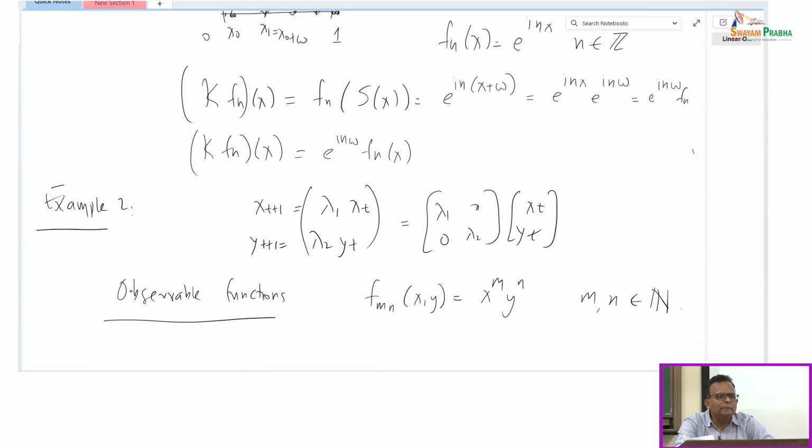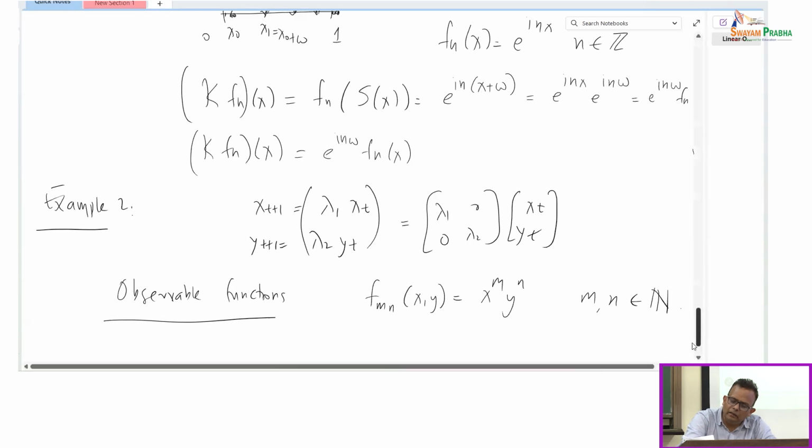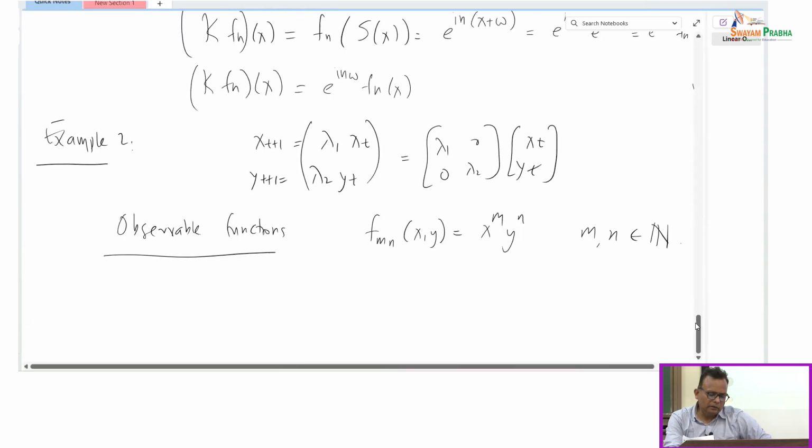Now with this basis, how will the Koopman operator look like? In fact, the way I am constructing the basis, it turns out that these basis functions are basically the eigenfunctions, just like in the previous case. This space of observables happens to be just the eigenfunctions. Okay, and you can see the following. Let's call this A z t, where z is the vector x and y.